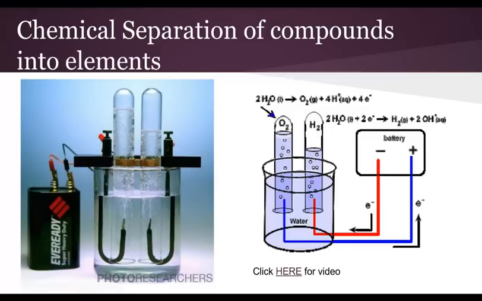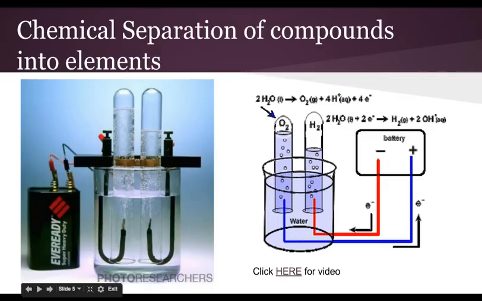So for example, if I were to take water, which we know is H2O, and I were to run an electrical current through that, I can actually separate the hydrogen and the oxygen in water into their pure elements. So this is oxygen, this is hydrogen and this is oxygen. That's called electrolysis, but you actually have to run an electrical current through water to get it to separate into its elements. And I'm going to show you this in lab.